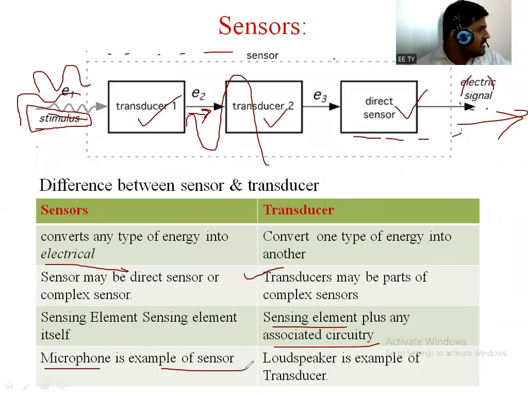It will also sense the sound wave, but some amplification can be done, so that its amplitude can be increased. So the loudspeaker is one example of a transducer type sensor, and the microphone is the example of a sensor.